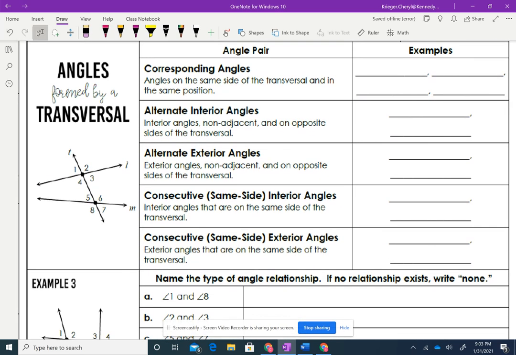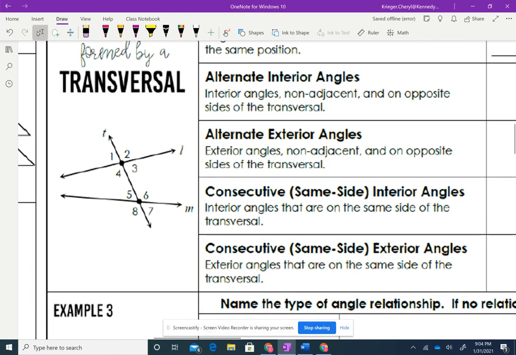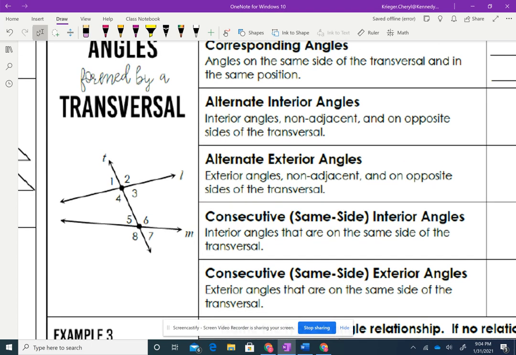Okay. So corresponding angles are angles on the same side of the transversal and in the same position. If you're looking at the diagram to the left here, I'll zoom in. We have two lines intersected by the transversal. Hopefully you can see that the two lines are L and M and the transversal is T. If we're talking about angles on the same side of the transversal, this would be the left side of the transversal, and this would be the right side.